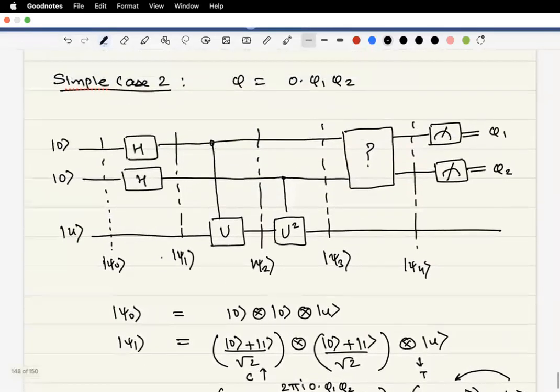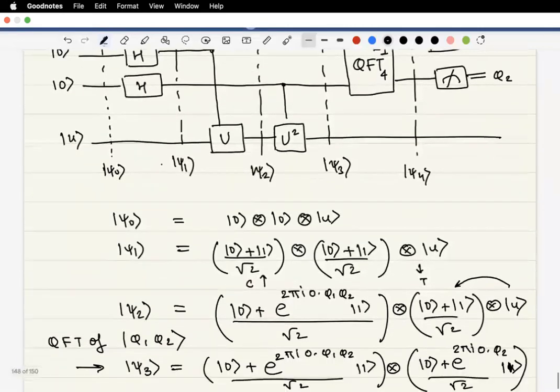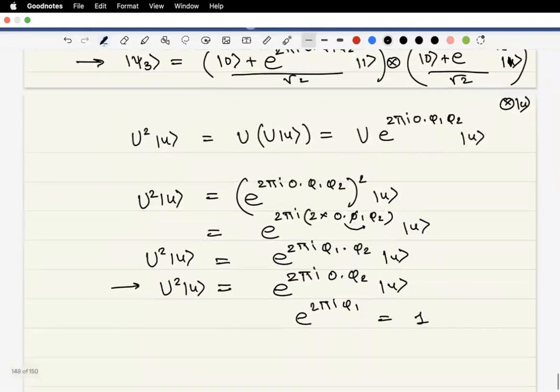So this question mark over here is the 4-dimensional QFT inverse, right? And we know that that is efficient. And after we apply it, we'll get phi1, phi2, right?